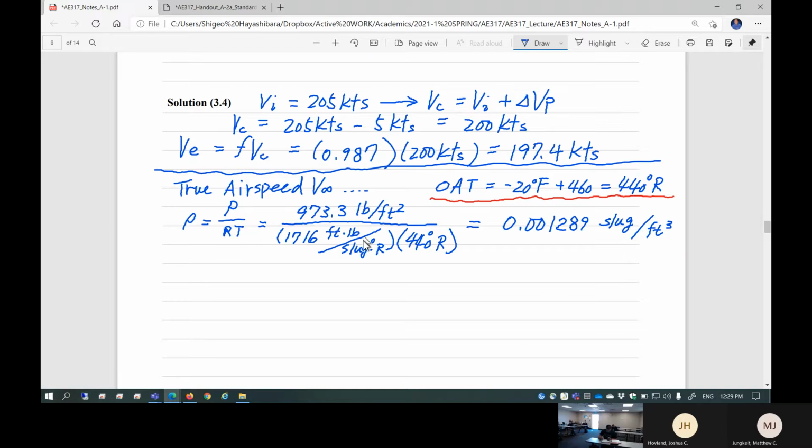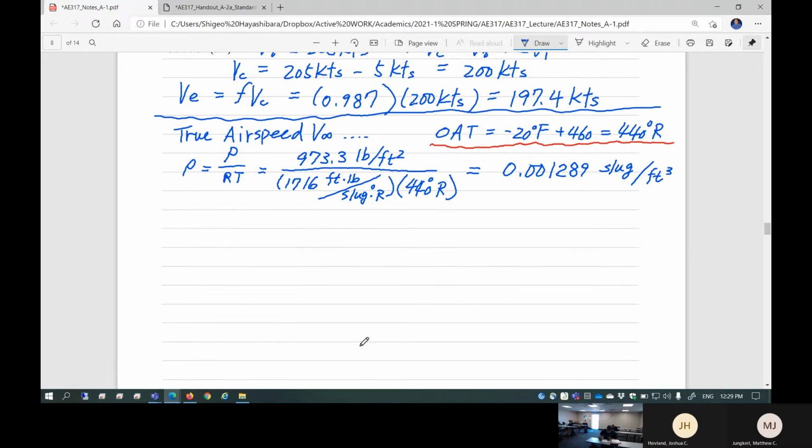So, okay. Next step is obviously, in order to get the true airspeed V infinity, you're going to pick up equivalent airspeed and then multiply by the square root of the density ratio: density of sea level divided by density at infinity.